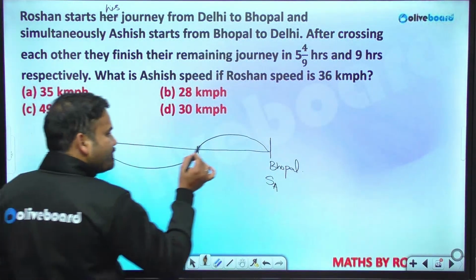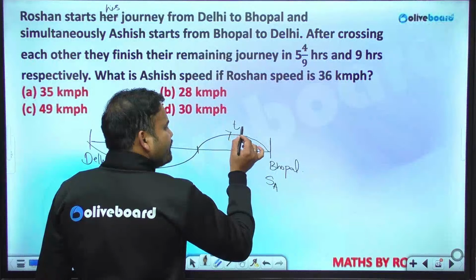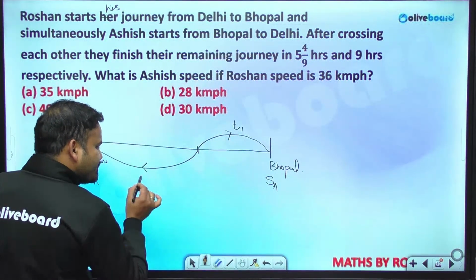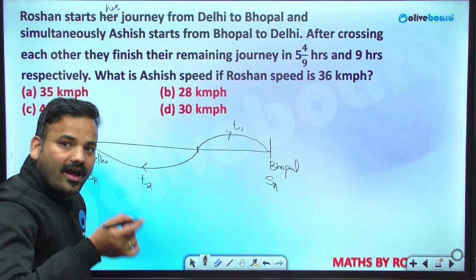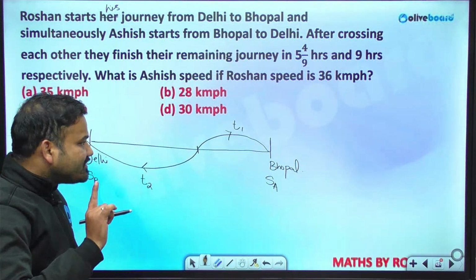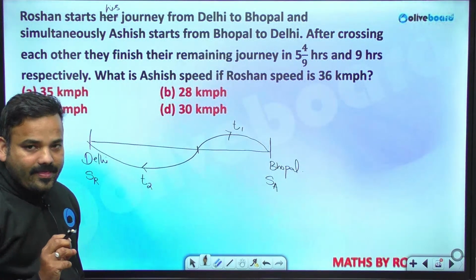Let's say the time taken by Roshan is T1 and the time taken by Ashish is T2. These are the respective times taken after crossing each other. This is not the entire journey time.